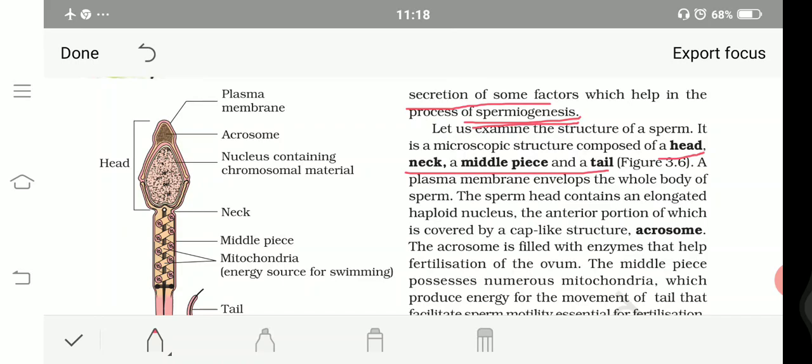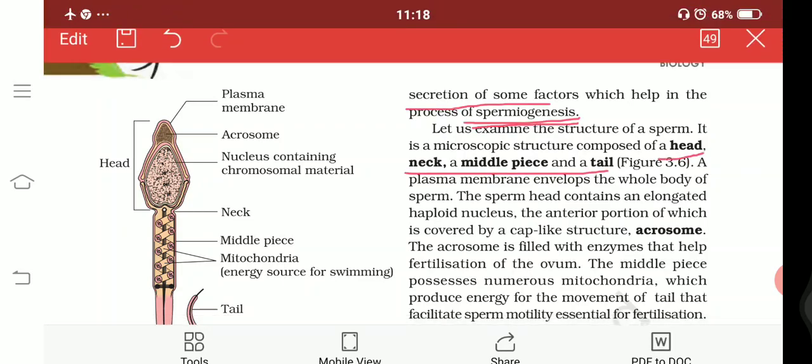When you see this particular structure, what are you going to check?